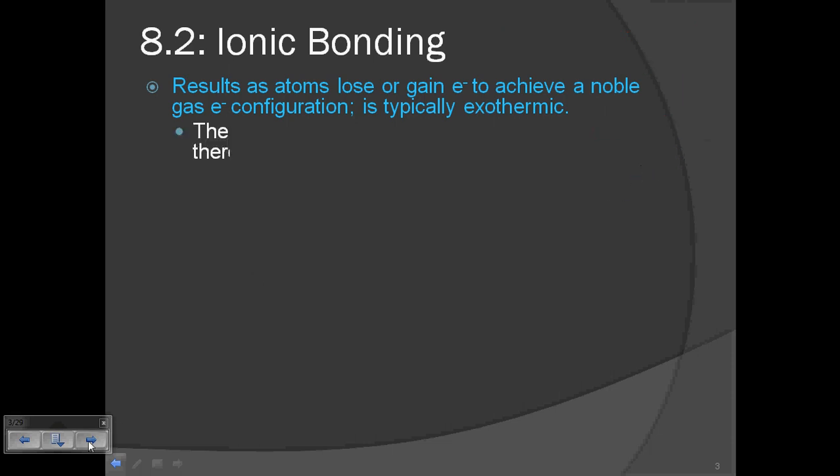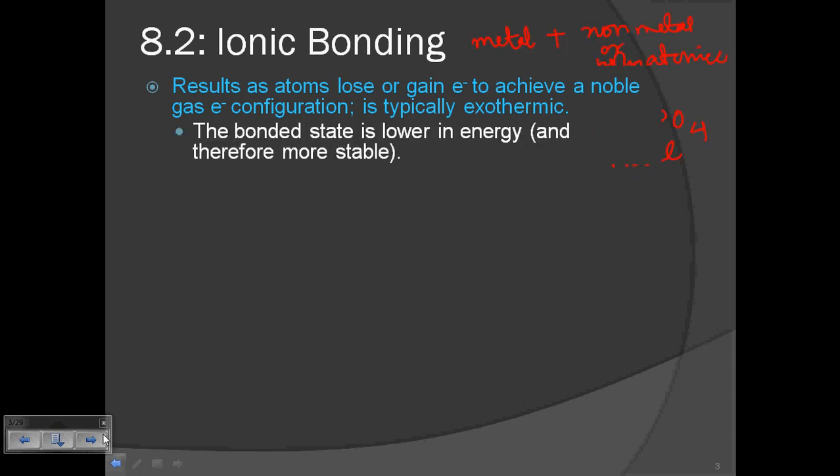Ionic bonding forms when an atom, generally the metal, loses electrons to form a cation, and an atom, generally a non-metal, accepts these electrons to form an anion, and now there is electrostatic attraction between these cations and anions, and we call it ionic bonding.